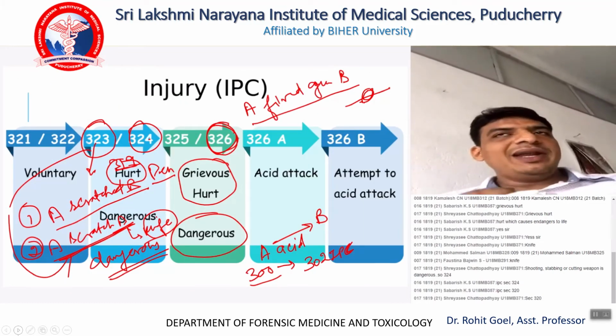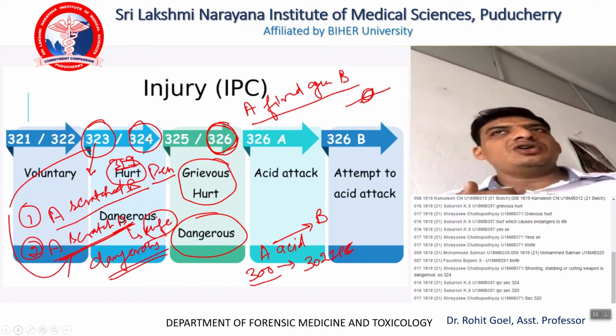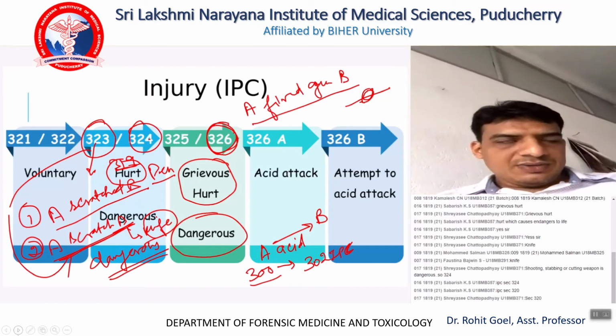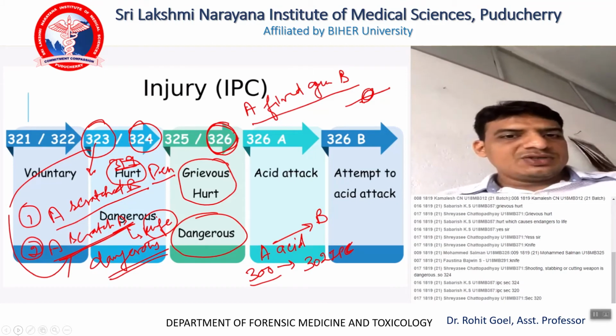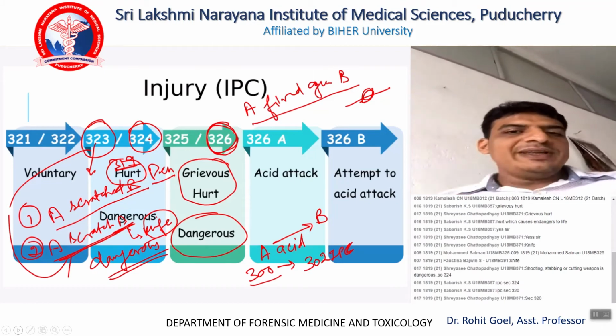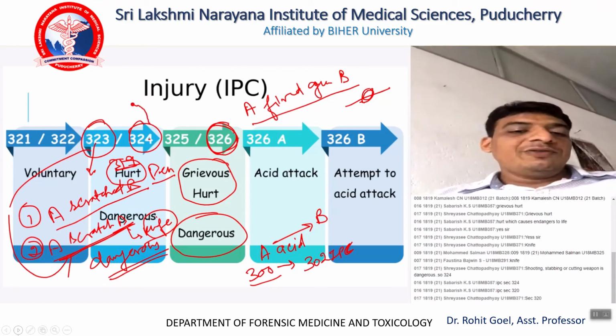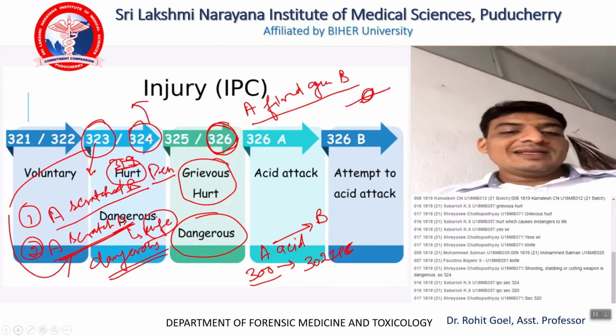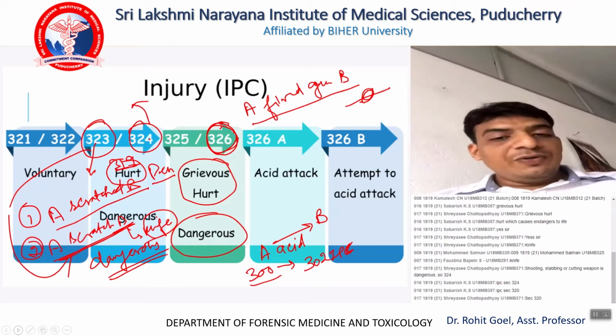Through acid, it landed on the hand of a person and it caused superficial burns. That does not endanger his life also, that does not satisfy any clause of 320, then the case will be filed under 324. Similar acid thrown on the face of a person.